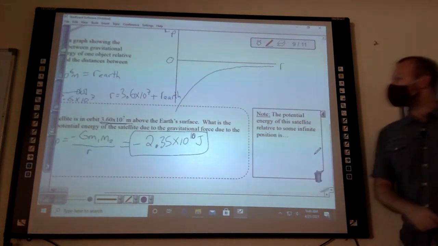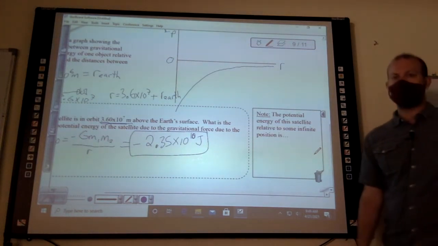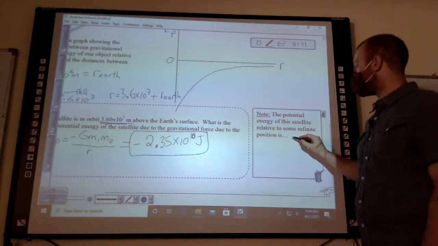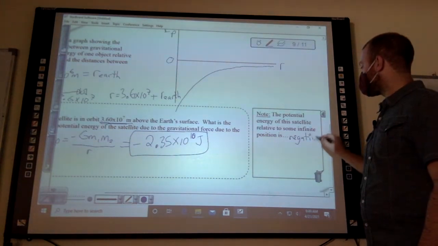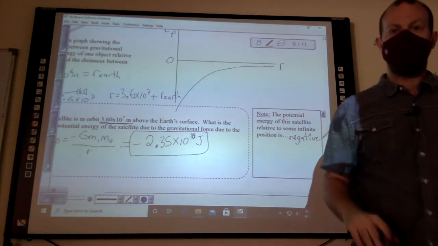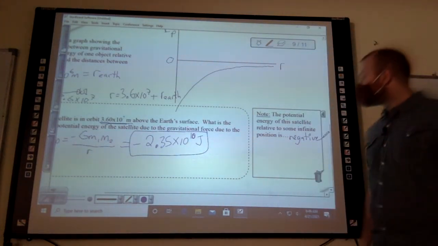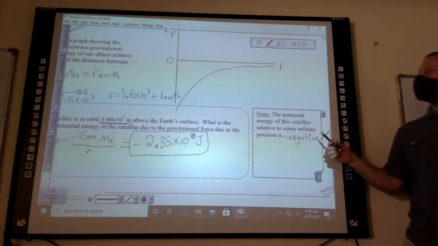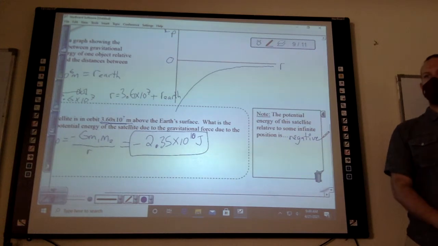So note with this, the potential energy of this satellite relative to some infinite position is negative. So what does this mean? This means if I want to escape the Earth's gravity, I need to give more energy to the object.